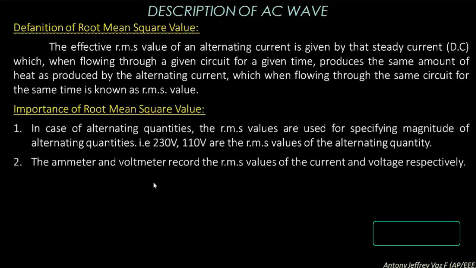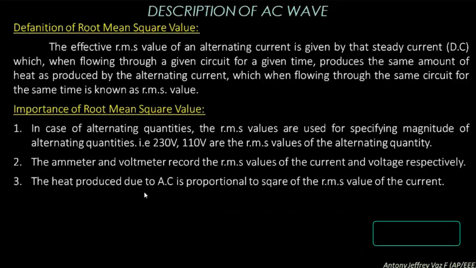The ammeter and voltmeter record the RMS values of the current and voltage respectively. So if we use an ammeter or a voltmeter to record the current or voltage flowing in a circuit, these two instruments will note the RMS value of the current and voltage flowing in the circuit.